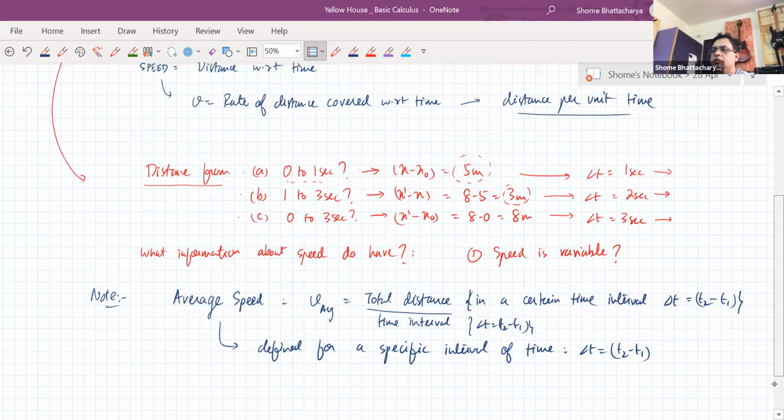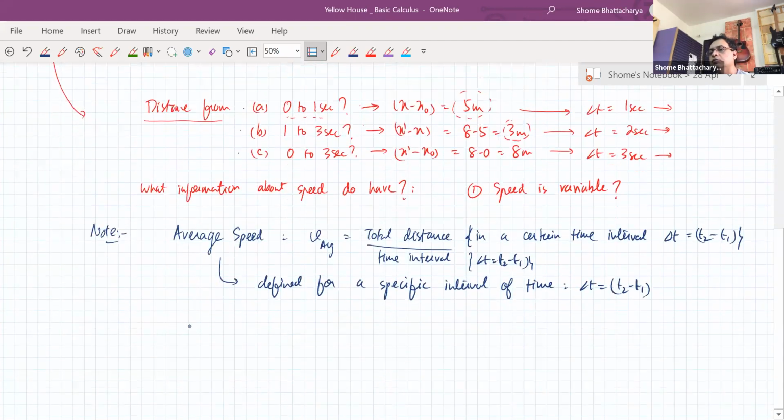So for example, in the above situation, in the A part, delta t from 0 to 1 second, my average speed from 0 to 1 second will become 5 meters divided by 1 second. So it will in fact be 5 meters per second.